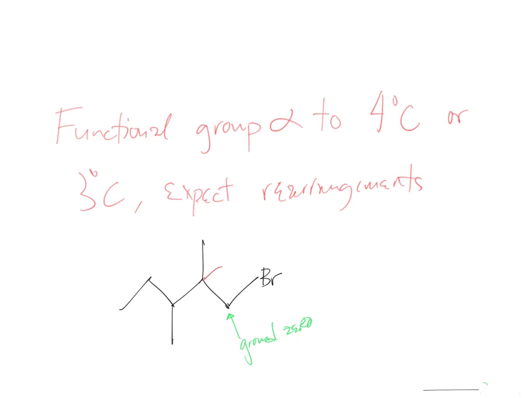So therefore, this one is called the alpha, because it's next door to it. By the way, does anyone know what this one, the one that's 2 down, is called? Beta. Alpha, beta, gamma, delta. You know, it goes according to the Greek alphabet. Okay, which, yeah, they use that a lot of times in biochemistry too. And then it goes on and on and on. But in organic chemistry, these are the two that we talk about the most, alphas and betas. Okay. All right.